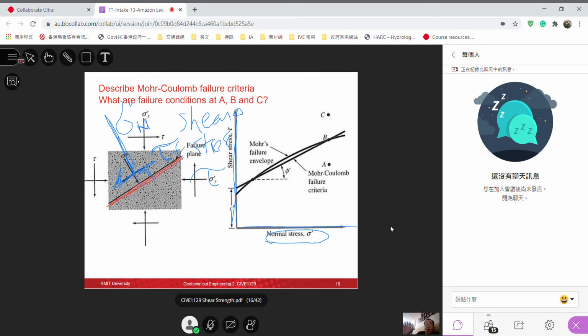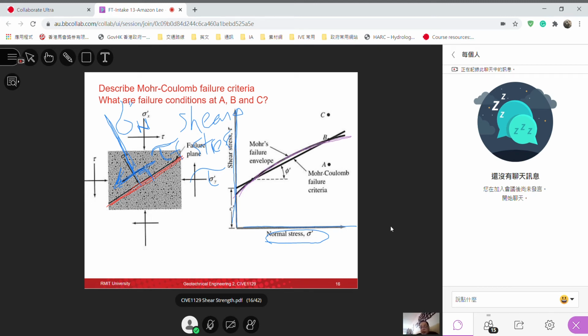So what Professor Moore originally found out by a series of experiments, I don't know how many days and nights of experiment, is that the failure criteria, how soil fails between the shear stress and shear strain, is a nonlinear line like that.